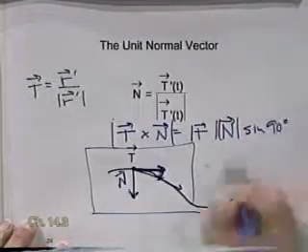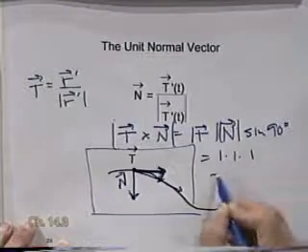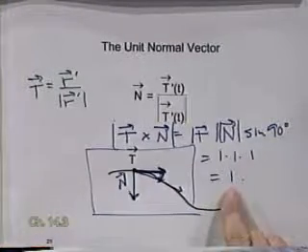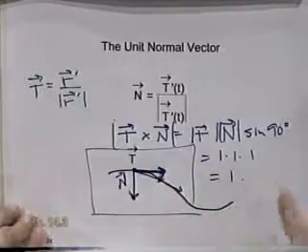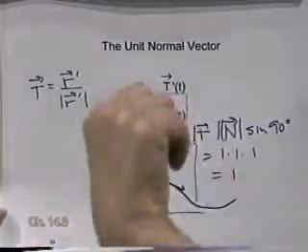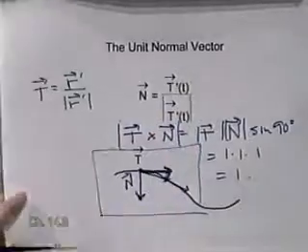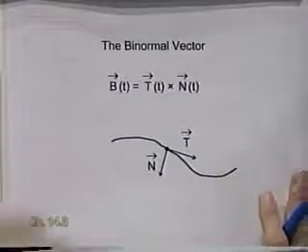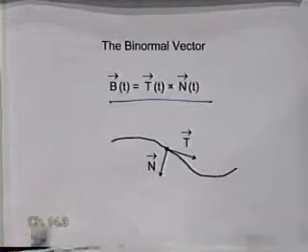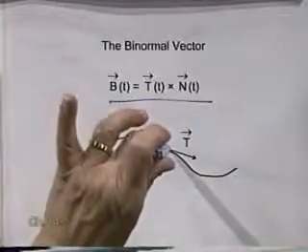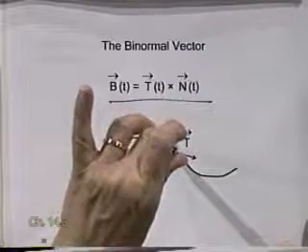The angle between them is 90, so you get 1 times 1 times 1, which is 1. You get a vector of length 1, and it's perpendicular to them. This one, T cross N, would be pointing down into the paper. The vector T cross N is called the binormal. In this particular case, it's going to be pointing downward into the paper.